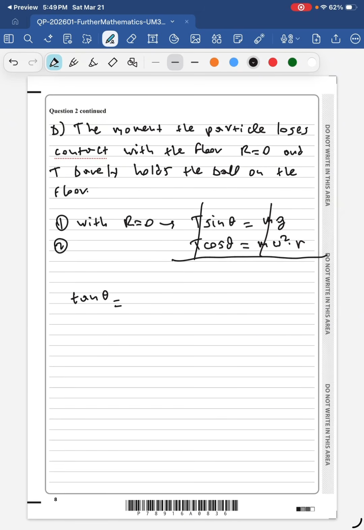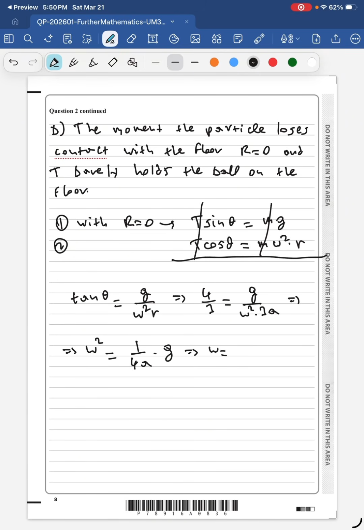Tangent of theta is g over omega squared r, and omega is now unknown. So tangent of theta is the same as before, so 4/3 is equal to g over omega squared times r, which is 3a, right? So omega squared becomes equal to 1 over 4a times g.